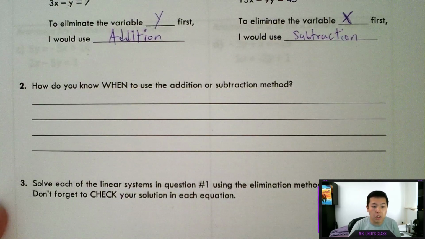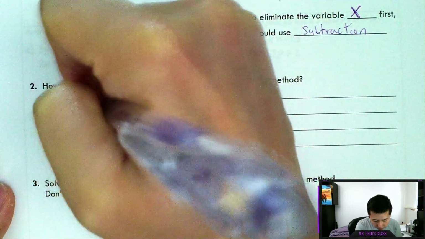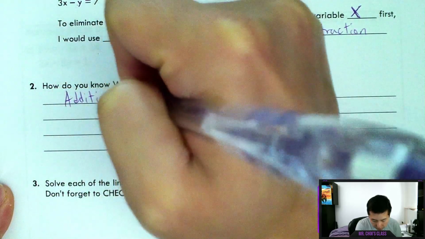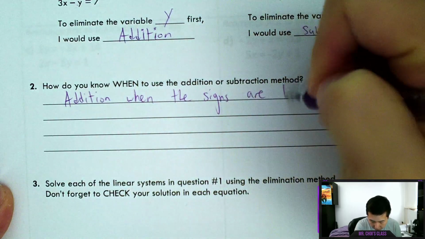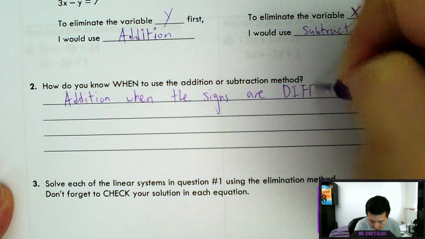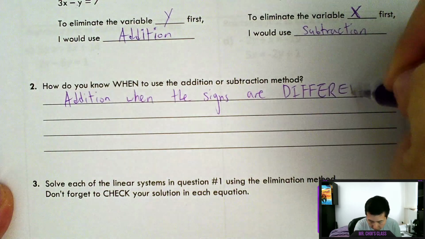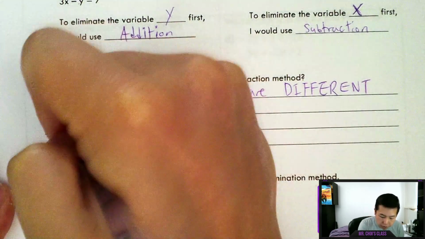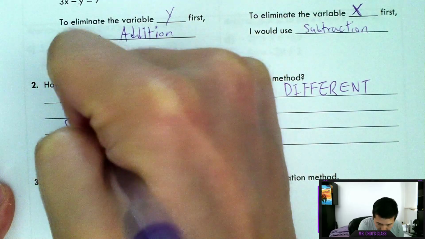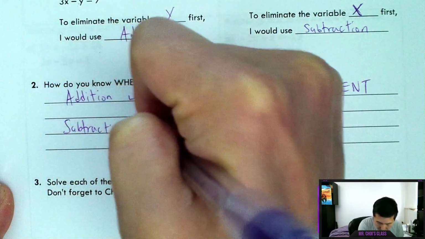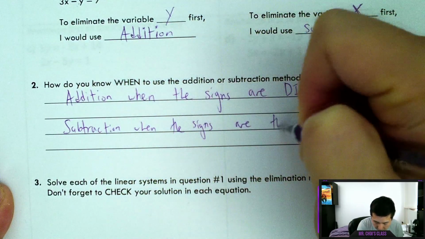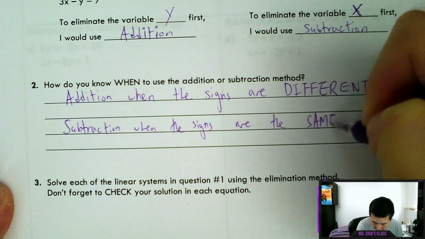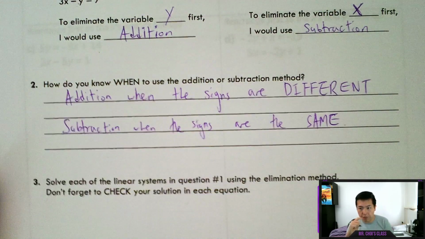We use addition when the signs are different, and we use subtraction when the signs are the same. Okay?